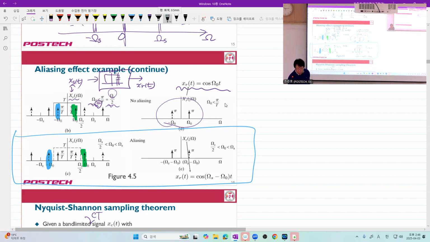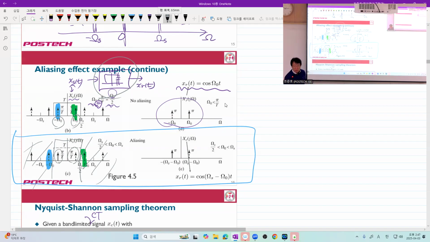And if your low-pass filter happens to cut out these things, what will happen? These tones have frequency less than omega 0. So suddenly, this reconstructed signal has something like this. Originally, the signal was a tone like do. Suddenly, you have re. So a new frequency component appears at the output.